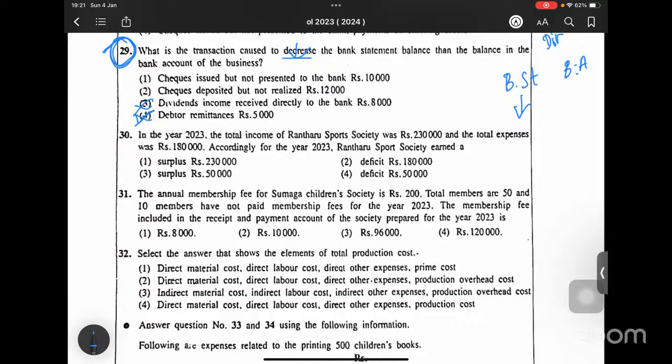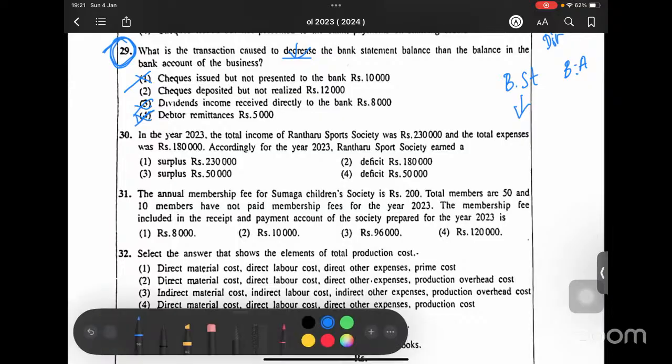If cheques are issued but not presented, then the bank statement will show a higher amount. If cheques are deposited but not yet realized, then only the bank statement will show a reduced amount. So the answer is the second.